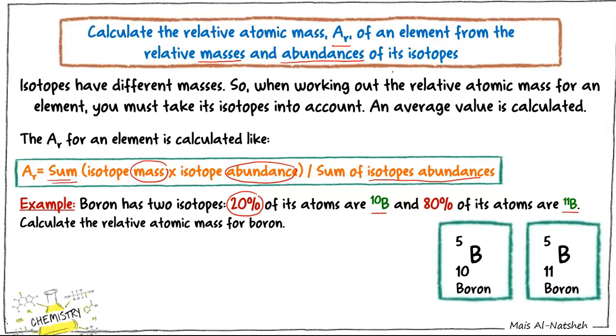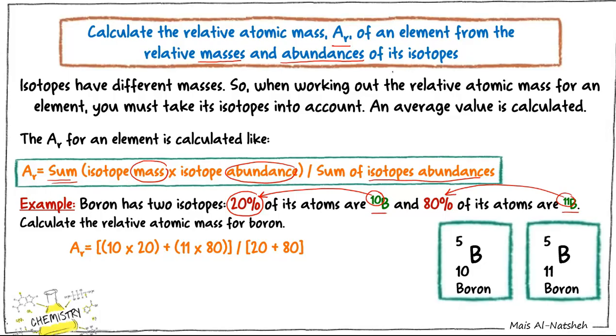So what should I do to calculate the relative atomic mass of boron? You have to take the mass of the first isotope, which is 10, and multiply it by its abundance, which is 20. Then add it to 11, which is the mass of the second isotope, multiplied by 80, which is the abundance of that isotope. Find the value and divide it by the total abundances, which is 20 plus 80.